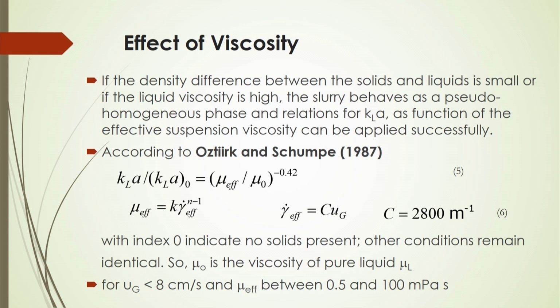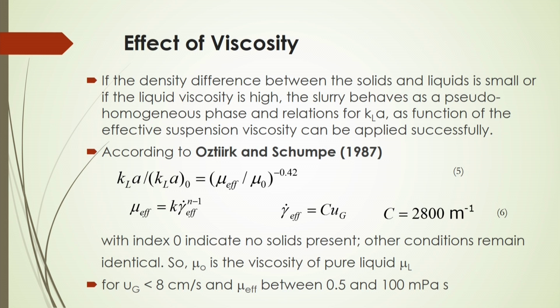If you add some solid particles, then of course the slurry viscosity will change. As per Einstein theory, if you increase the solid concentration in the liquid, then the viscosity of the slurry will increase. So, if you add some solid particles, there will be a change of viscosity and you will see a reduction of mass transfer.